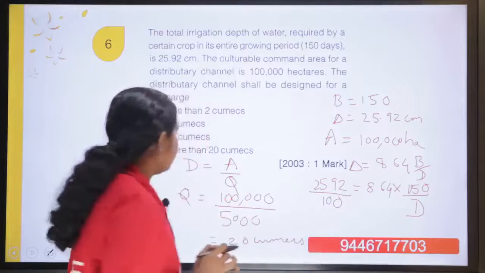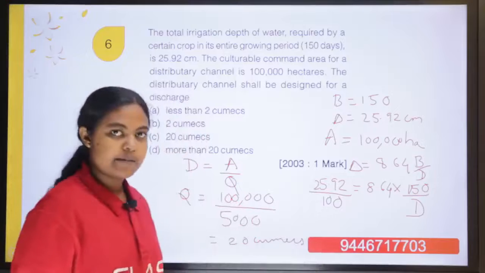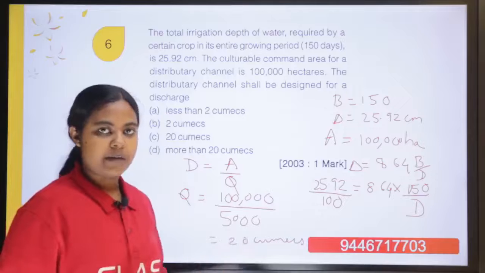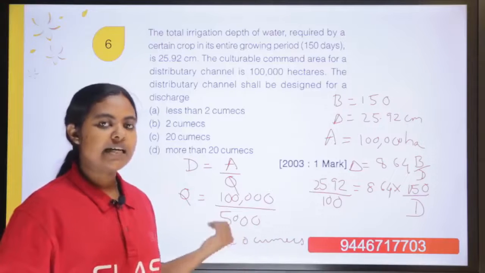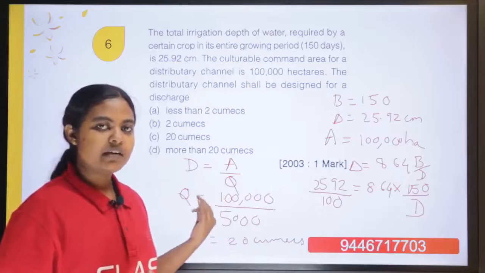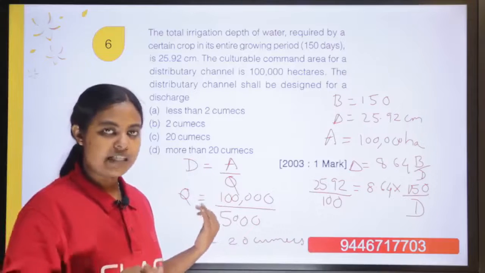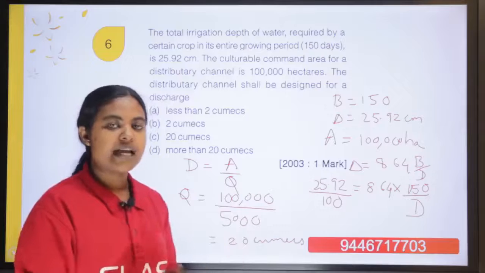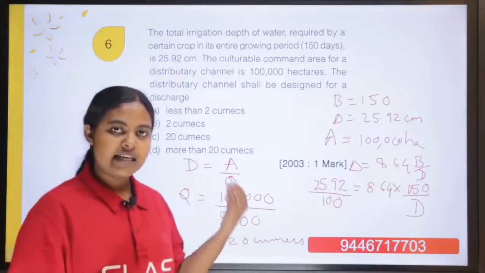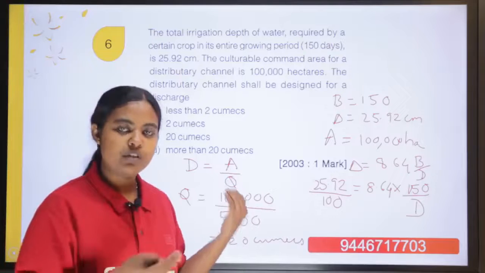Okay, discharge will be equal to 20 cumecs. So this is the discharge which is required for the plant. But when we are designing a canal, it should always be for more than 20. If the requirement of the plant at the field is 20 cumecs, the channel should be able to carry more discharge.